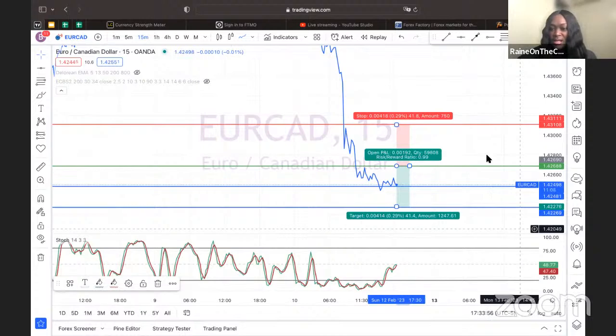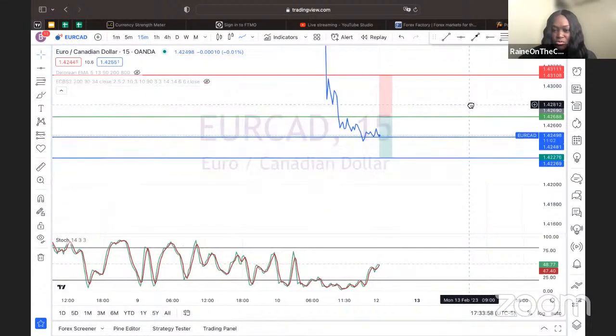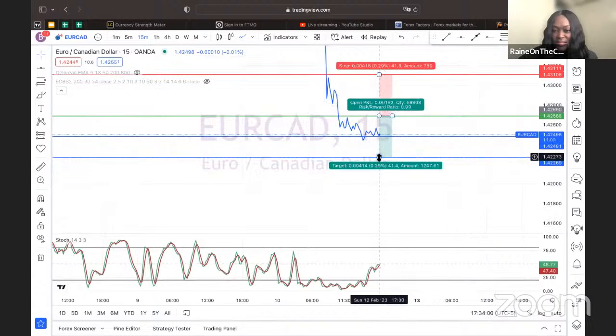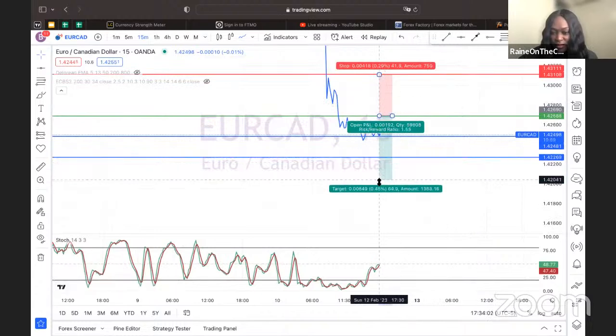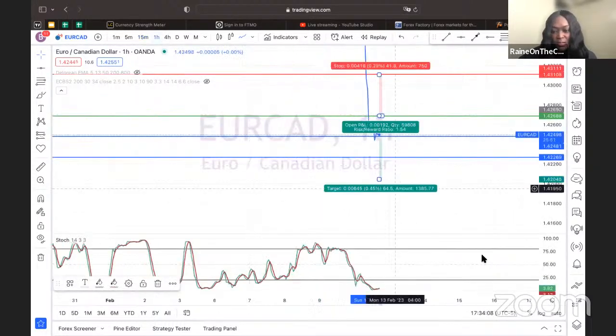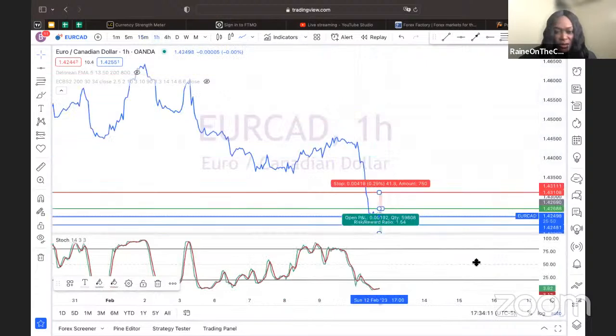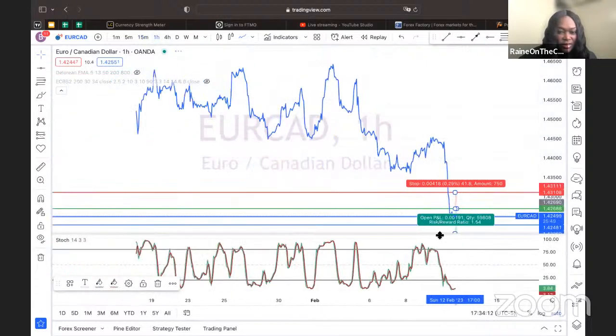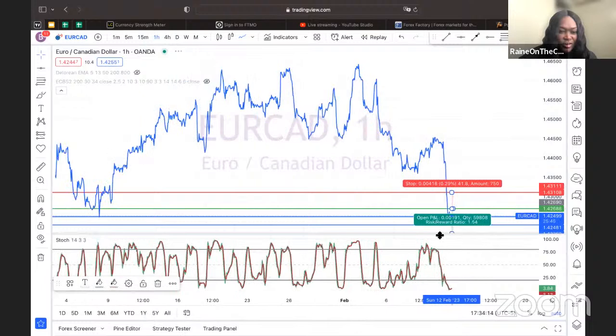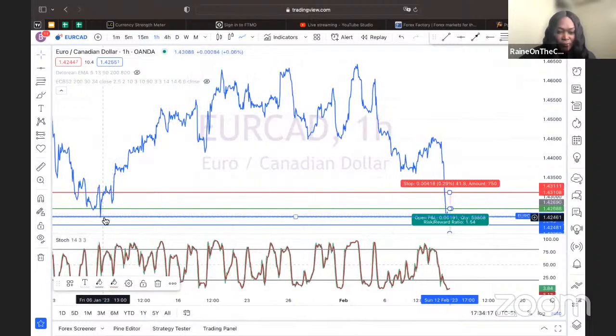So yes, let's move this on some more. And you can just mark your areas. You can look to the left. All right, so you see, the first take profit 1, which was 20 pips, you see it touches here. It lines up perfectly.